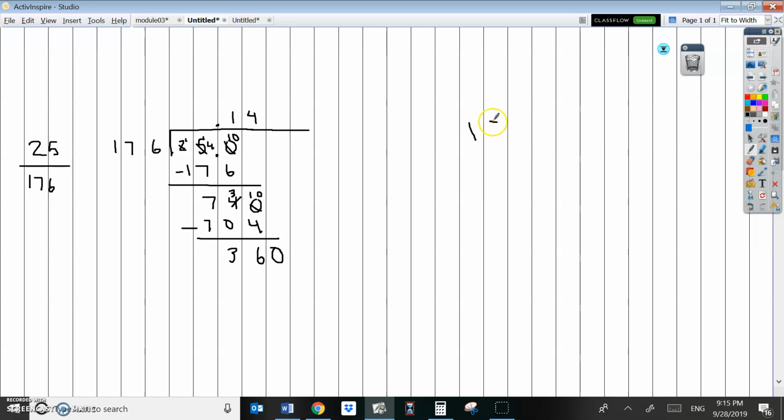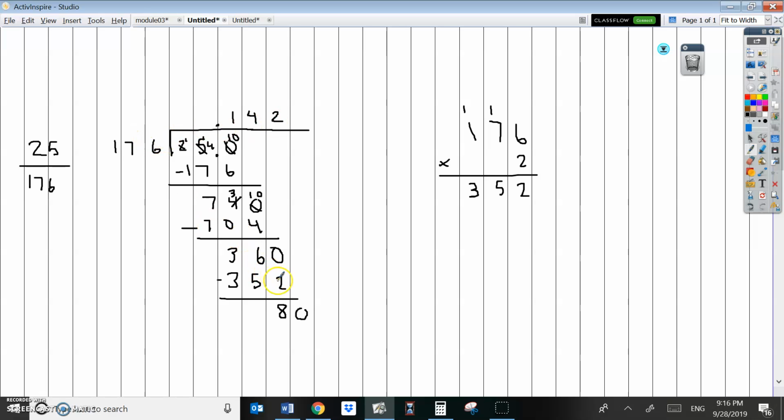Let's check the multiplication. 2 times 6 is 12, 2 times 7 is 14 plus 1 is 15, 2 times 1 is 2 plus 1 is 3, so 352. Subtract and we get 8. Bring down a 0.